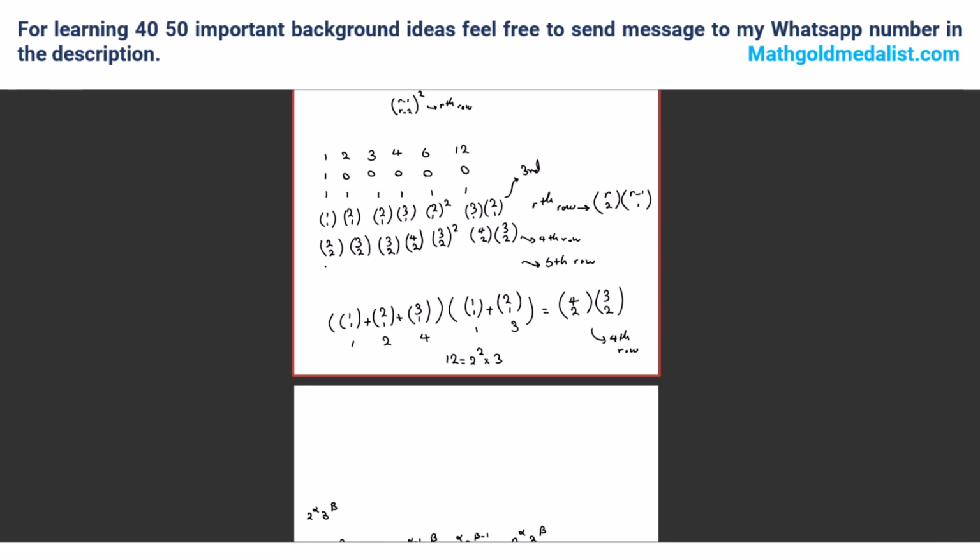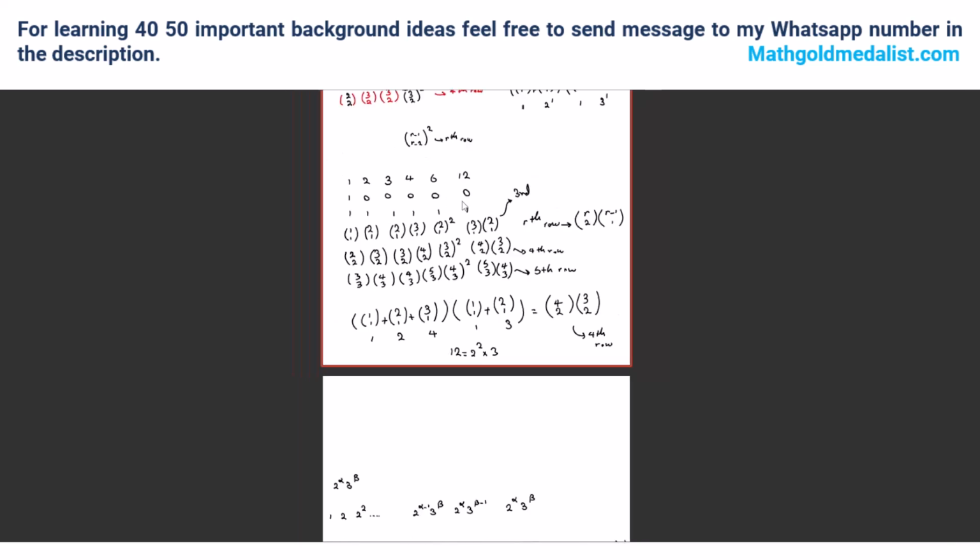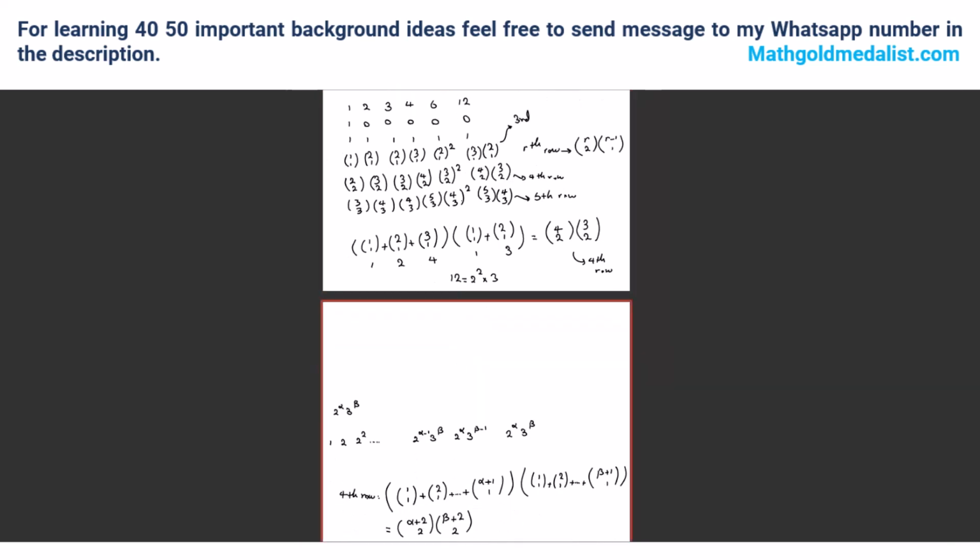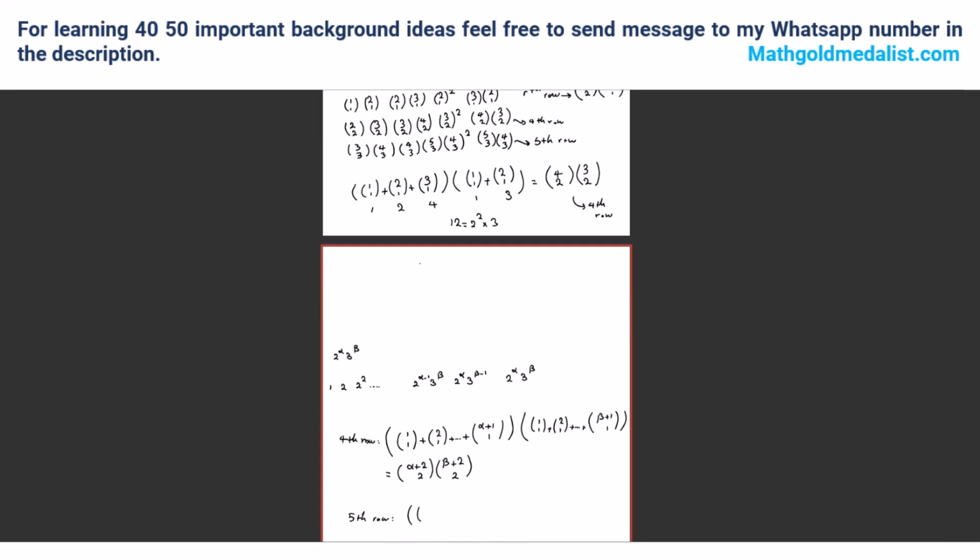Can you tell me what choose what it is? First one, second one: 3 choose 3, 4 choose 3, 4 choose 3. The next one is 5 choose 3, and then 4 choose 3 squared, and then it becomes 5 choose 3 times 4 choose 3. So now that we found this, can you say what it will be for the fifth row?